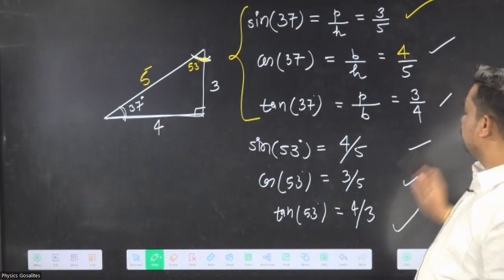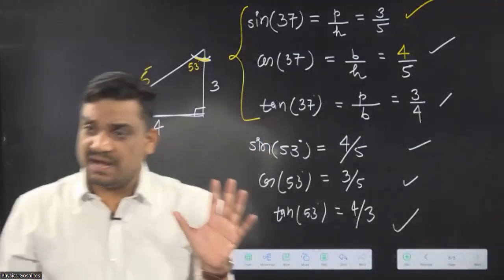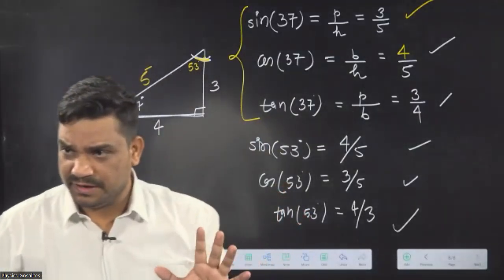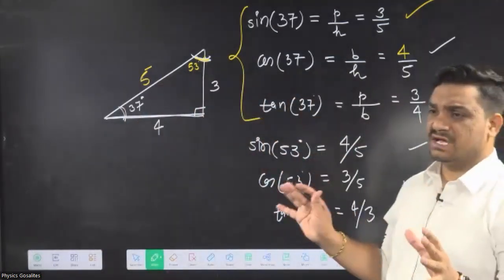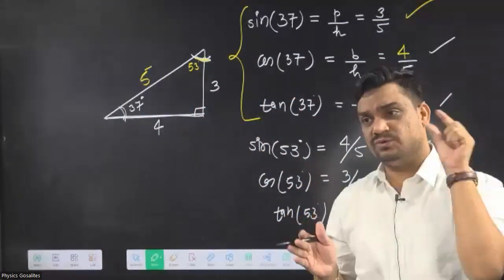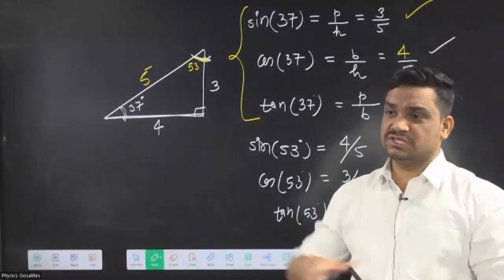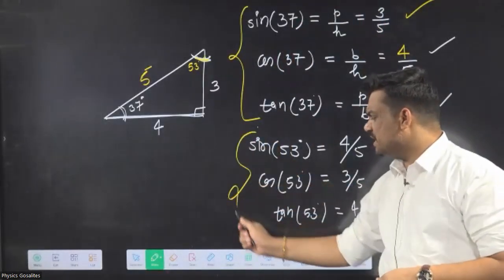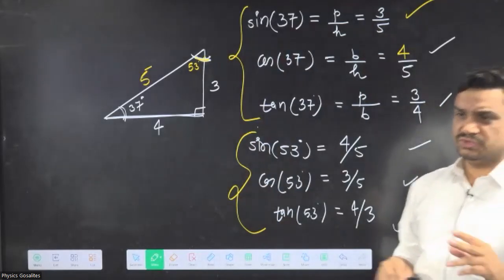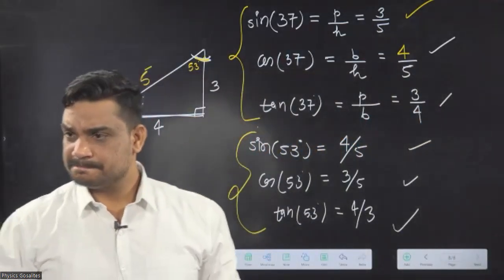Yes, this is 4 by 3. This standard triangle we need to remember. We can have some others also, a lot of things are there. I said that we need to do basic things, whatever we have to use. And this 37 and 53 we have to use frequently, in a lot of chapters. So can I ask some questions now?